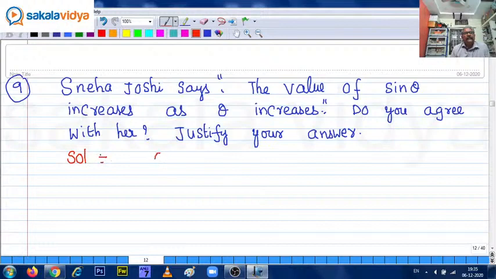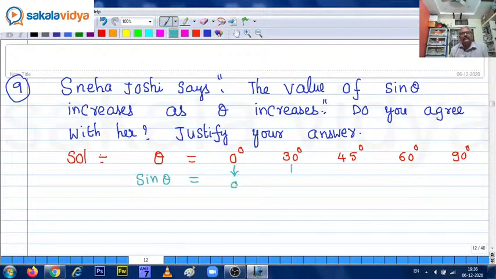You take theta values like theta is equal to 0 degrees, 30 degrees, 45 degrees, 60 degrees and 90 degrees. Write down the respective sin theta values. Sin 0 is 0, sin 30 is 1 upon 2, sin 45 is 1 by root 2, sin 60 is root 3 by 2, sin 90 is 1.